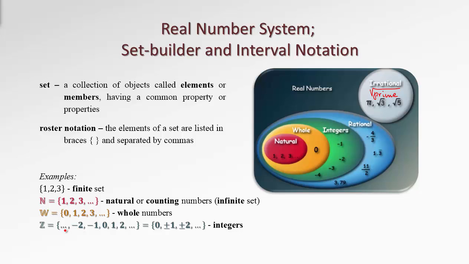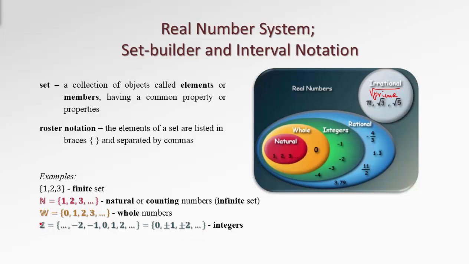But this is maybe not so convenient to write. So we can use a more concise notation and record in those braces 0 and then plus minus 1, plus minus 2. This plus minus is a shorter way of recording 2 numbers, plus 1 and minus 1, at the same time. So 0, plus minus 1, plus minus 2, and so on. That represents all integers.